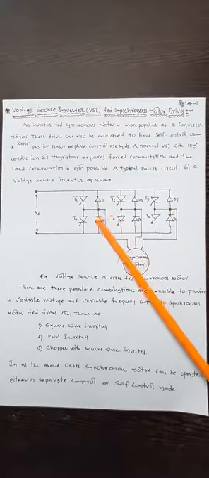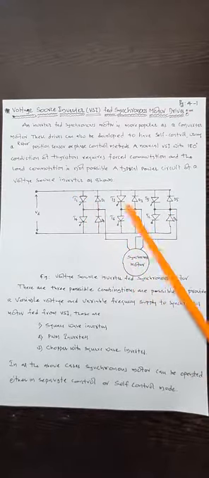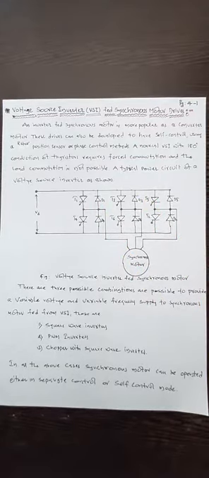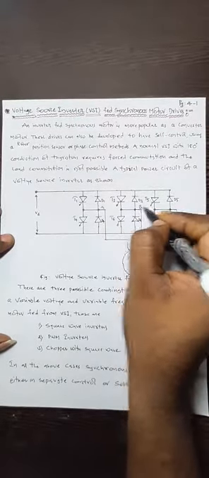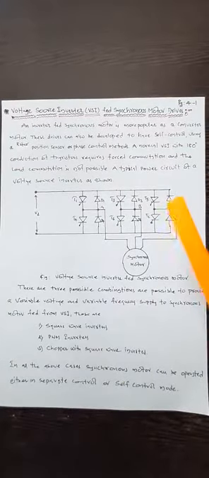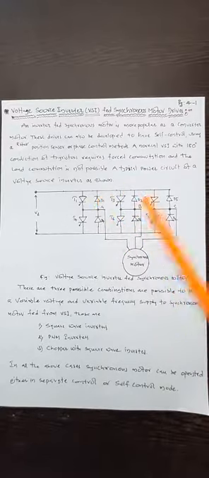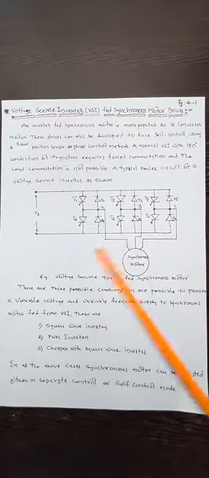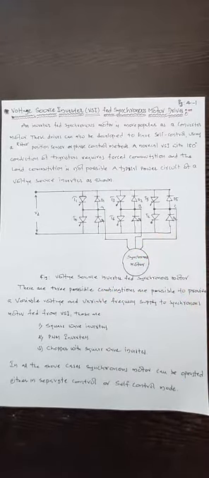Each leg gives one phase: phase A, phase B, and phase C. All three legs are fed to the synchronous motor stator. This is the generalized configuration of a voltage source inverter fed synchronous motor.